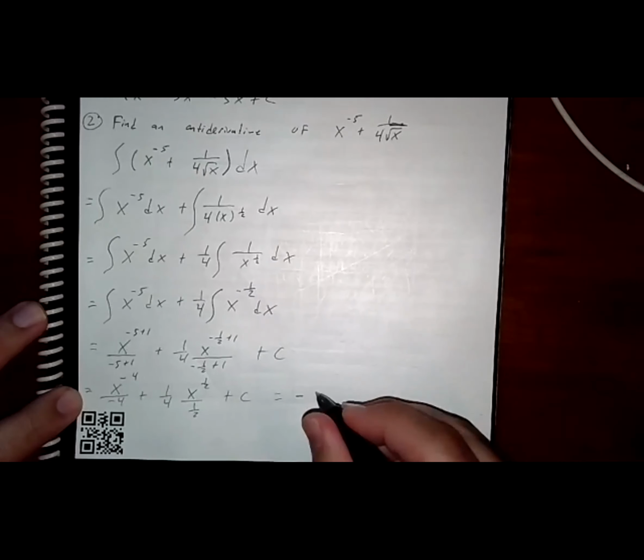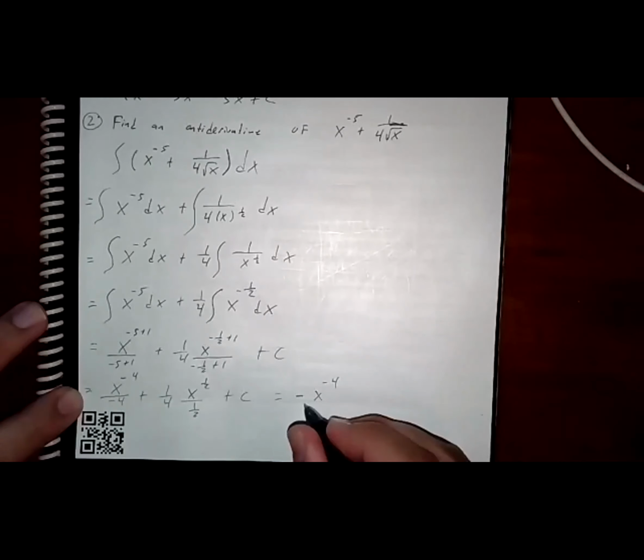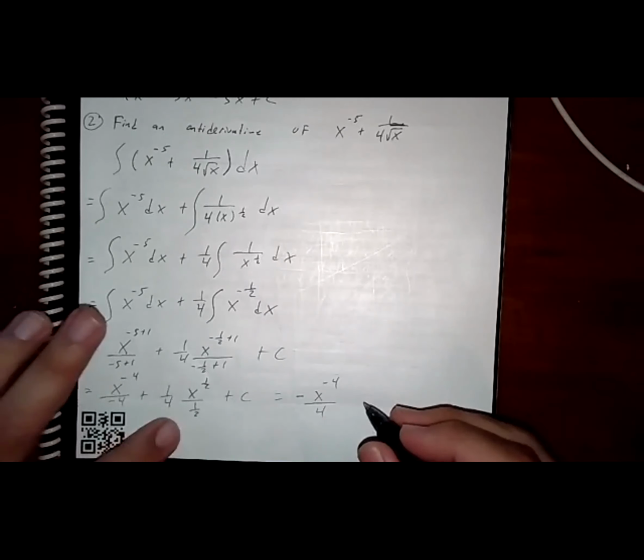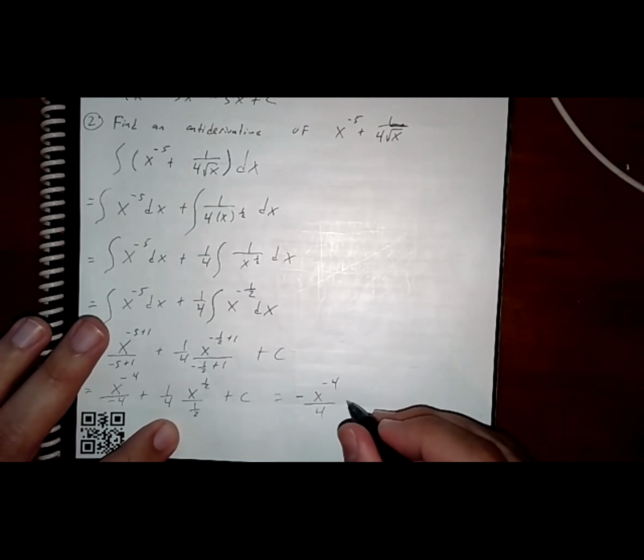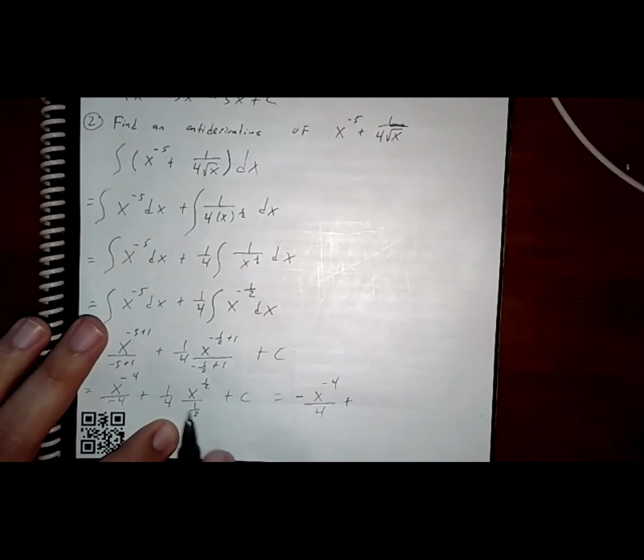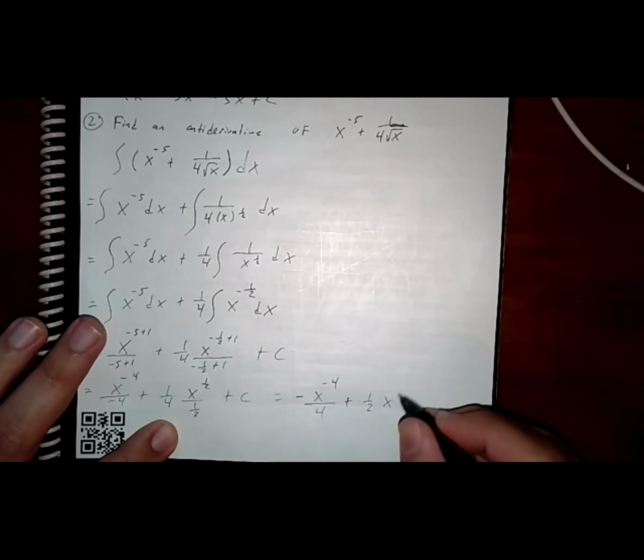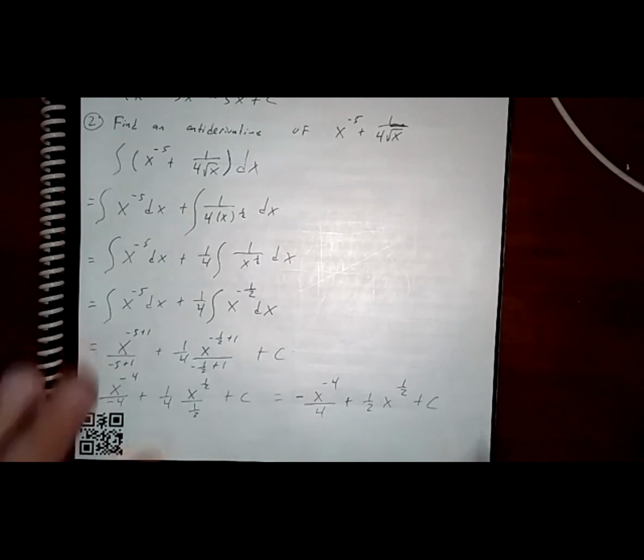This guy becomes a negative. So multiply, that will be 1/4 times 2, so 1/2 x. So yeah, that's it.